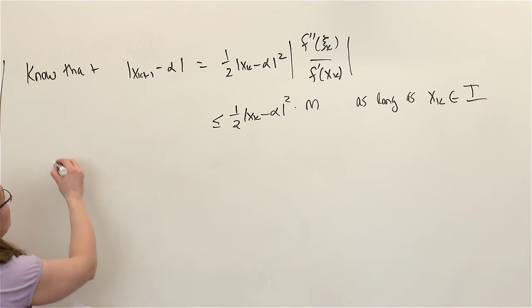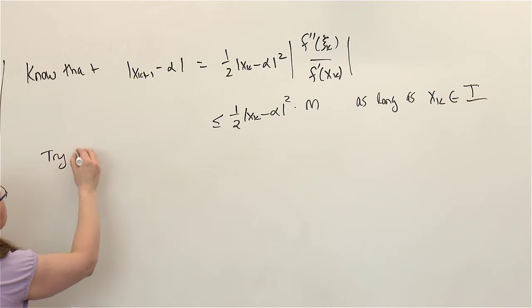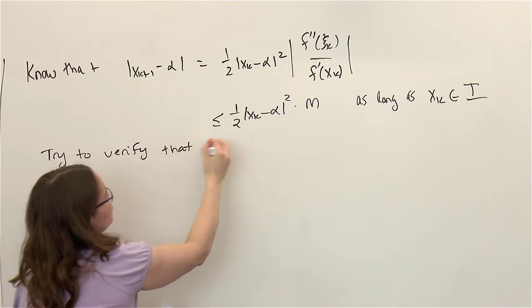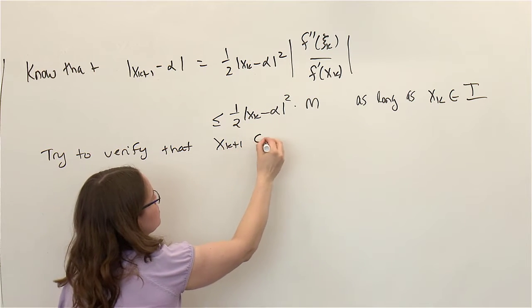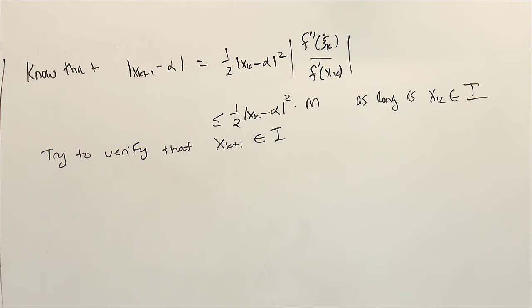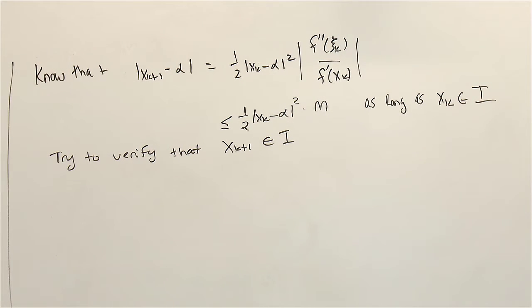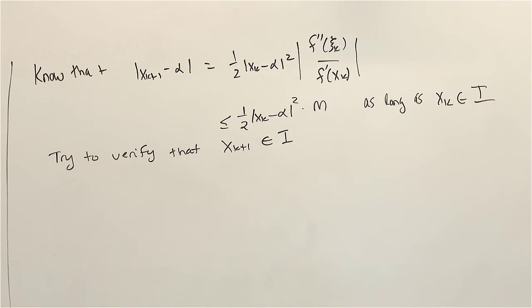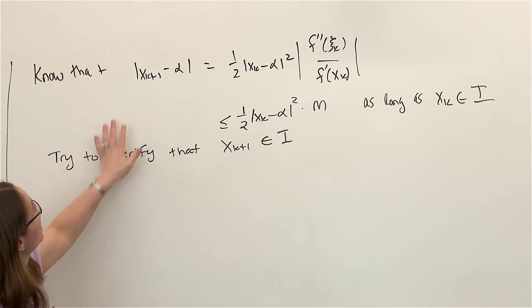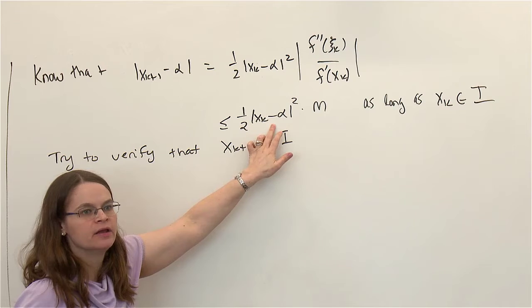Okay, so let's try to verify that xk plus 1 stayed in this interval. And if it stays in the interval, we're in business. Newton's method is well defined, and I can keep using this estimate iteratively.